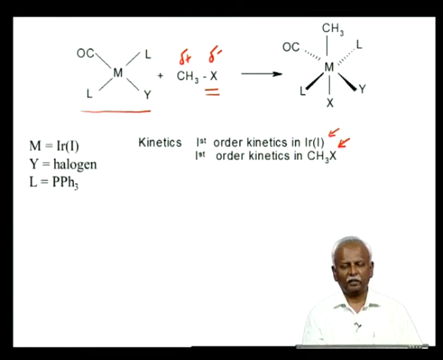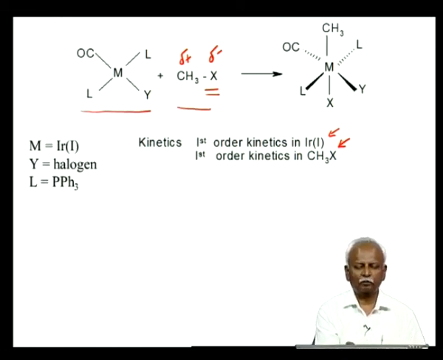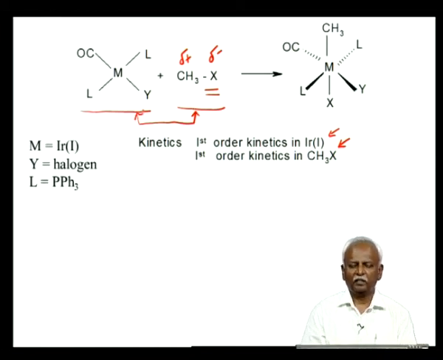What that implicates is that at least the rate determining step involves most probably a collision between these two molecules. These two molecules have to collide in order for the reaction to happen, and that is why the concentration of both iridium 1 and the concentration of methyl halide make a big difference in the rate of the reaction. So, that is the first thing that we note.